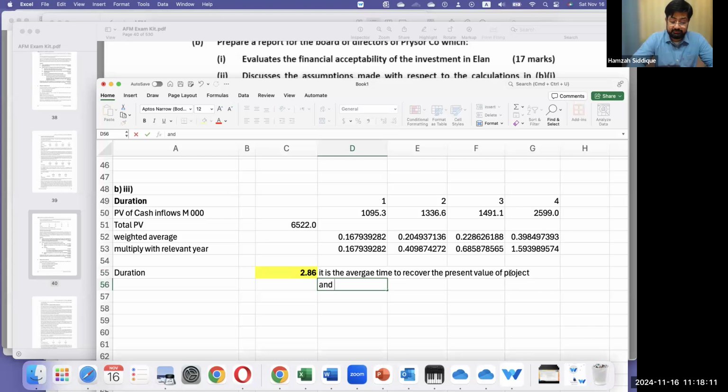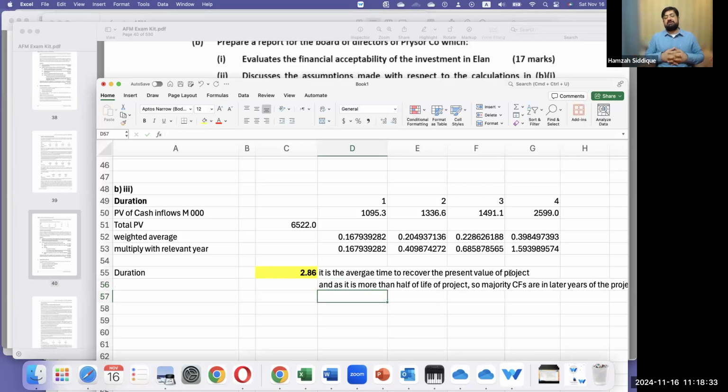And as it is more than half of the life of the project, it indicates that the majority of cash flows are in the later years of the project. Simple is that.